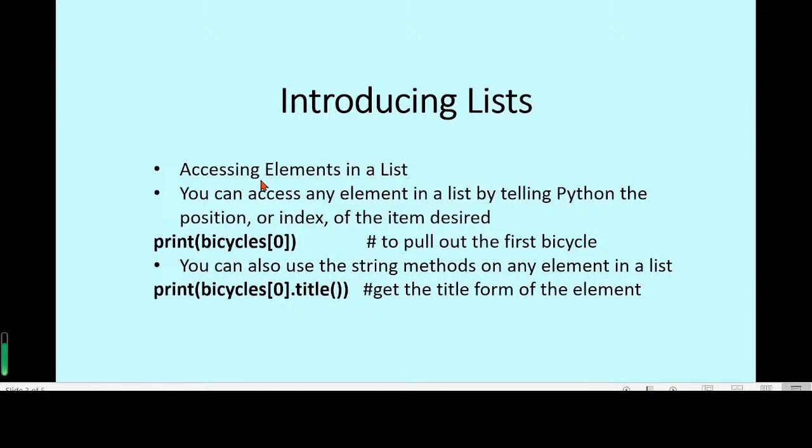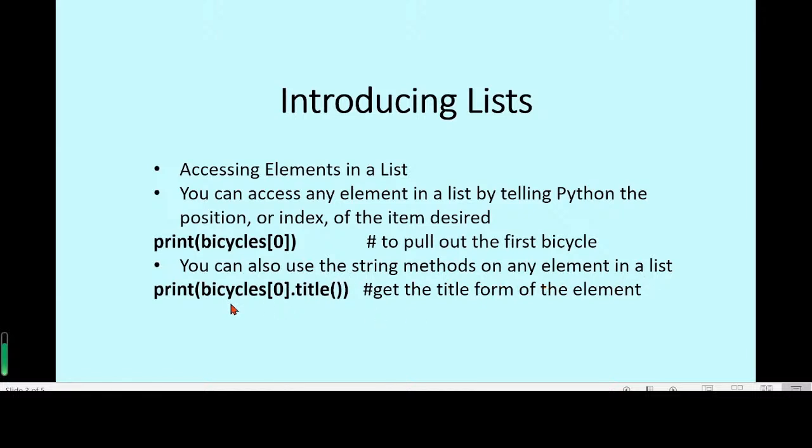And accessing elements in a list, you can access any element in a list by telling Python the position or index of the item desired. For example, we can print the first bicycle in this list. And you can also use the string method on any element in your list.